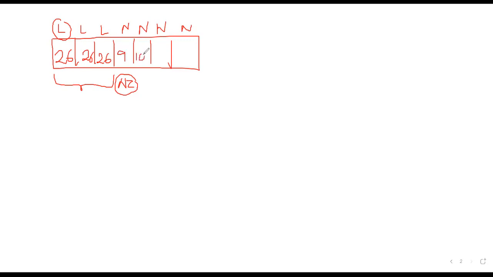You can have 0, 1, 2, 3, 4, up to 9. There are 10 digits here, and here you have 10 digits. So in how many ways can we have these? Just simply multiply all these numbers: 26 times 26 times 26 times 9 times 10 times 10 times 10. The answer will be big, but this is what you find here.